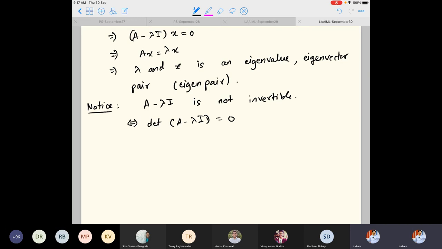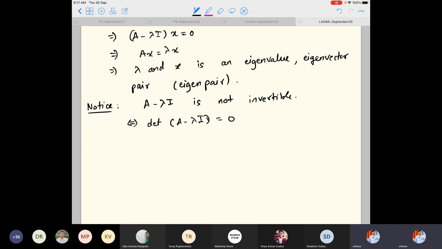With this, can anybody tell me what this equation in lambda will look like? Determinant of A minus lambda I equal to 0. Polynomial. Yes, it will be a polynomial in lambda.